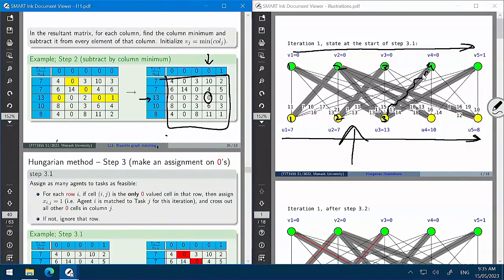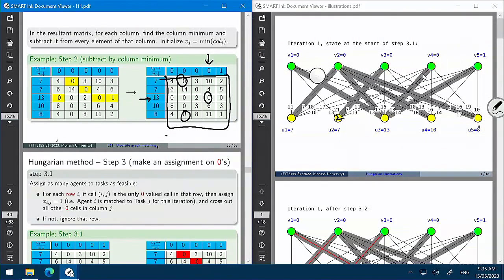What about fourth row and second column? Reduced cost is 0. First row and second column, reduced cost is 0. So wherever you saw zeros in that reduced cost matrix, I saw a thick line in the illustration. Obviously that's pattern matching, but what does it mean?